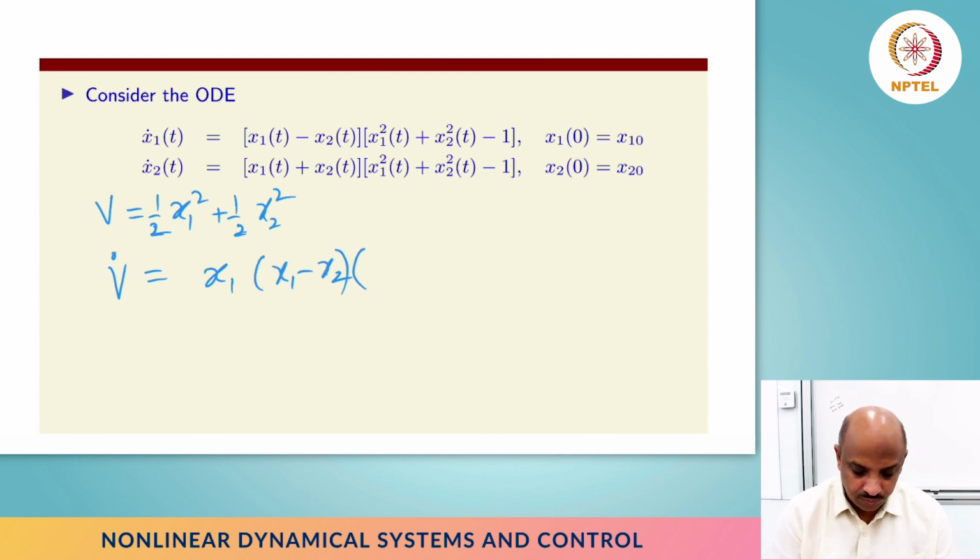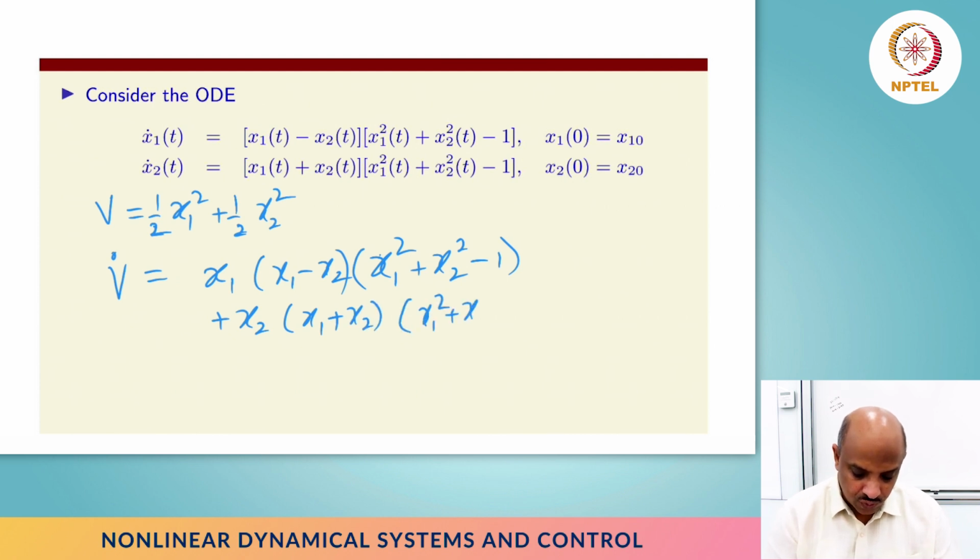do this. And instead of x1 dot, I'm going to directly write that x1 dot expression, plus x2 times the x2 dot expression, times x1 squared plus x2 squared minus 1.